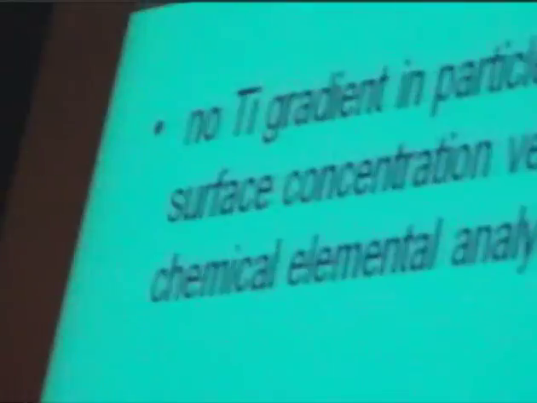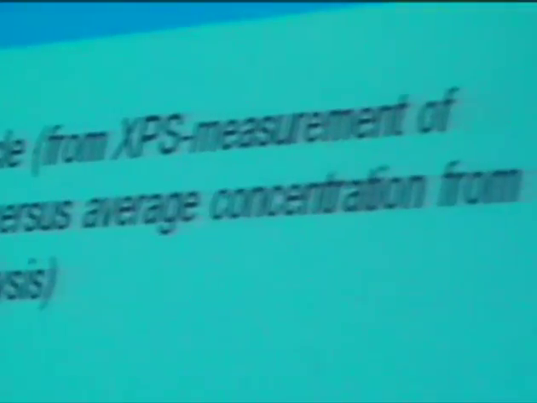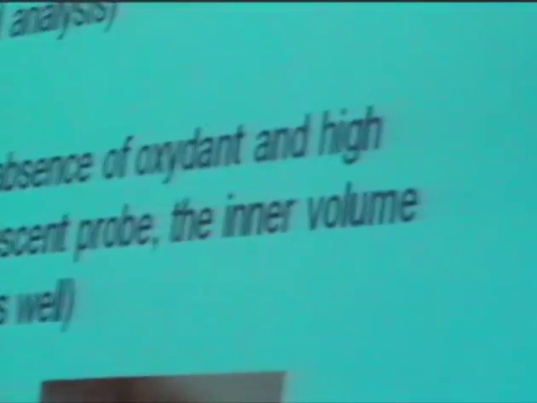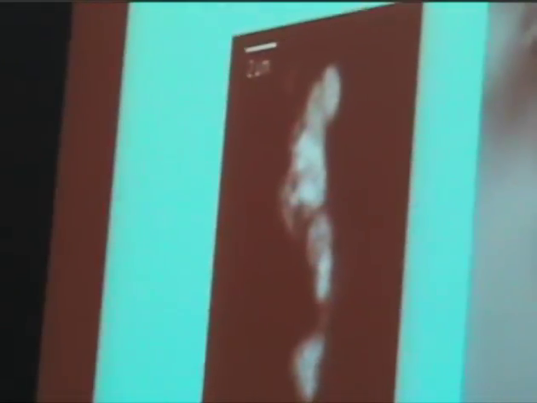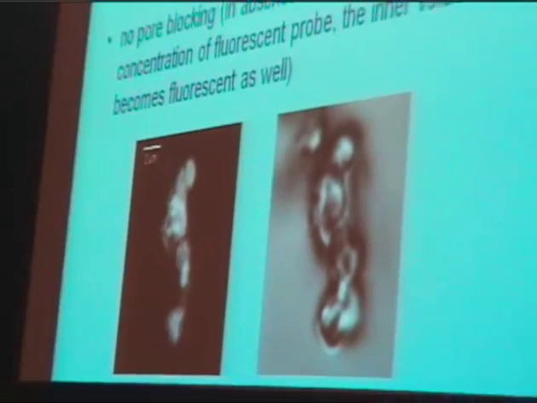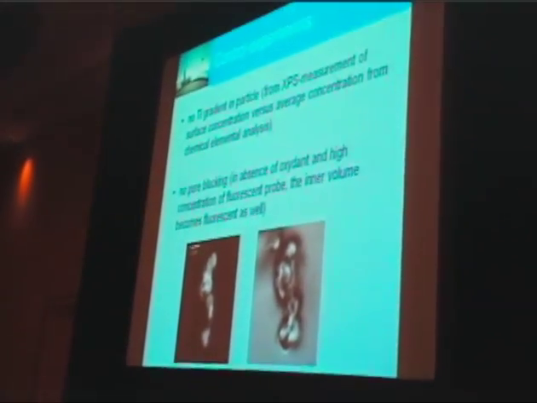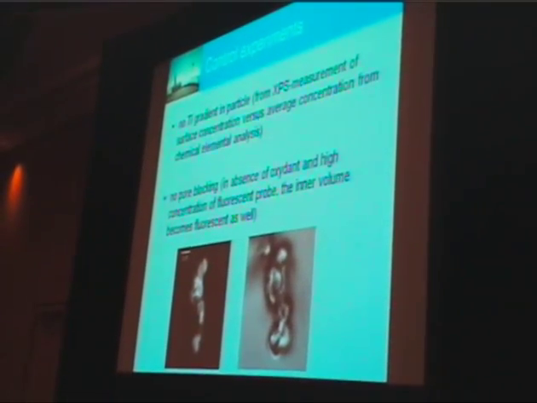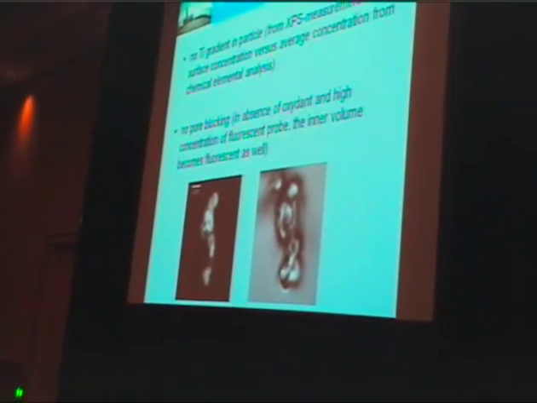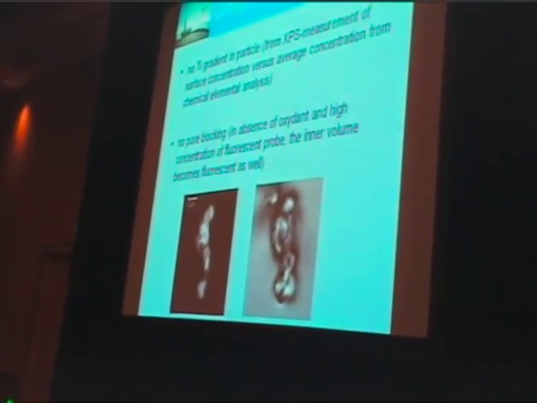Another thing that we checked is that there is no titanium gradient in the particle. We only see reaction at the outer rim of the particle. This might mean that there's only titanium present at the outer rim, but that's not the case because we performed XPS measurements to determine the surface concentration of titanium, and this was in good agreement with the bulk titanium concentration that we measured from chemical elemental analysis.